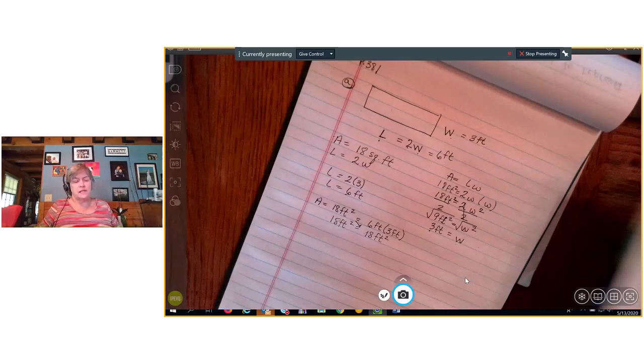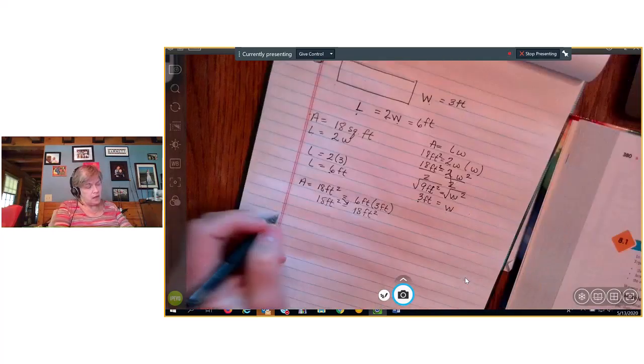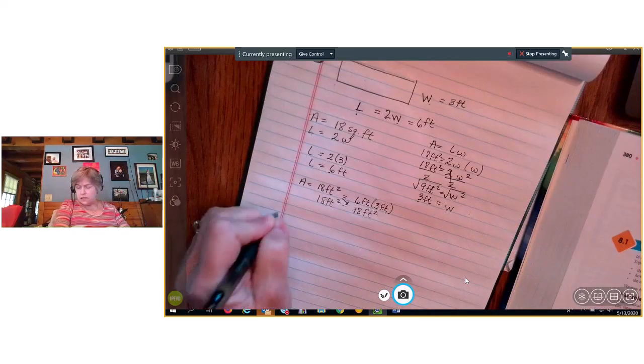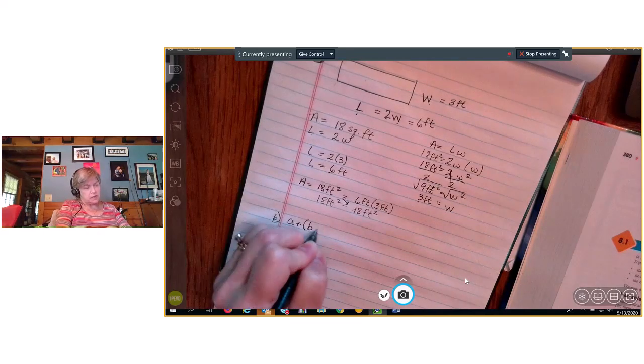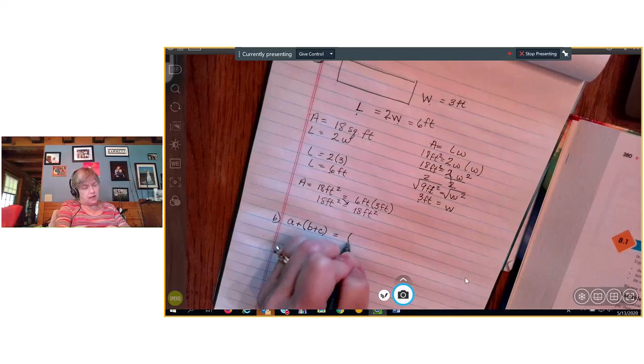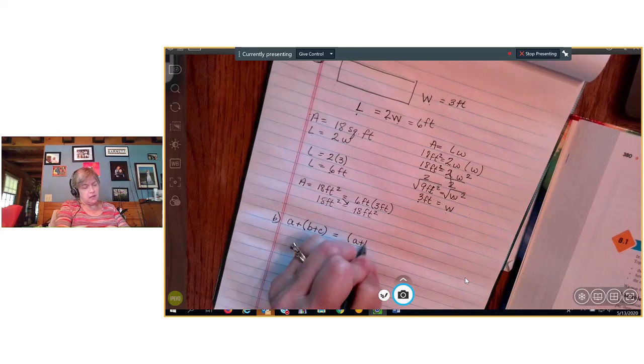So what can we say about those variables? I will state this here. It says that a plus (b plus c) is equal to (a plus b) plus c.